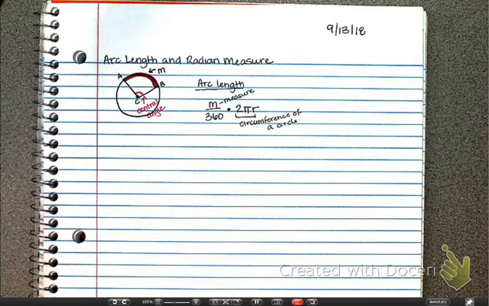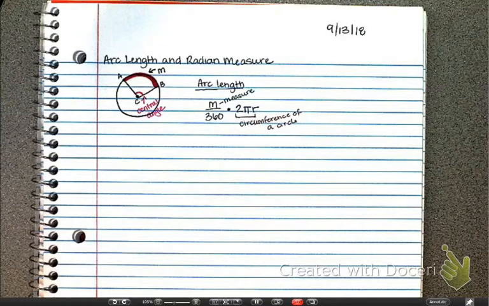All right, so I'm going to give you this arc is 60. So that arc measure is 60, and again, it's in degrees, 60 degrees.